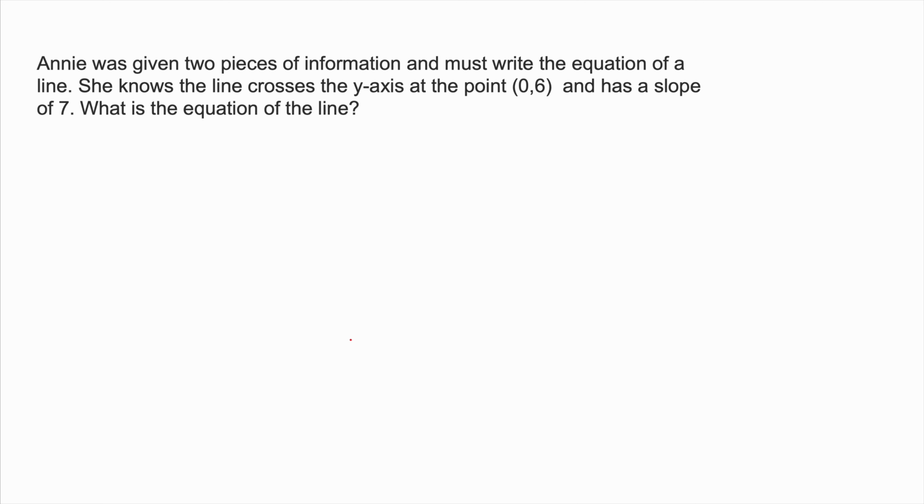He was given two pieces of information. The line where it crosses the y-axis, we already know what that means. Where the line crosses the y-axis is our b value of 6, and it has a slope of 7. So our slope m is positive 7, sorry.